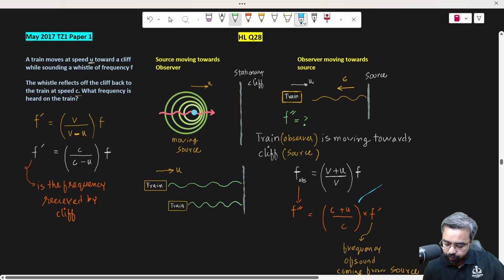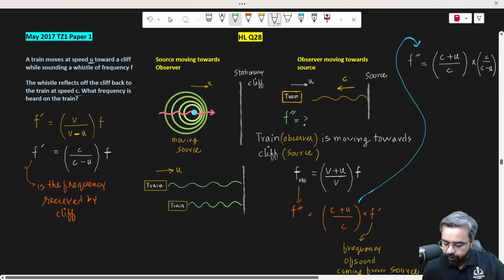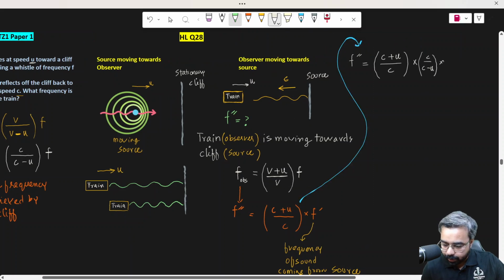So let's plug the value of f prime here, and we will finally get the required expression: c plus u over c into f prime. Now f prime was, if you remember, c over c minus u times f. The f is the actual frequency of the whistle that is produced by the train.